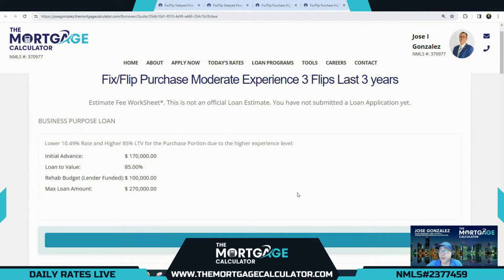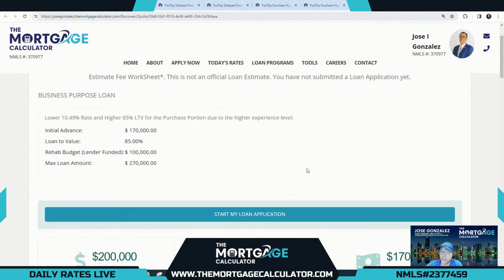So our 3+ experience flipper with a 760+ credit score on this deal, making roughly 25% ROI, is going to get 85% financing of the initial distribution, 100% financing of the $100,000 budget, maximum loan amount of $270,000 because of the extra $20,000 that they're getting at the initial closing.